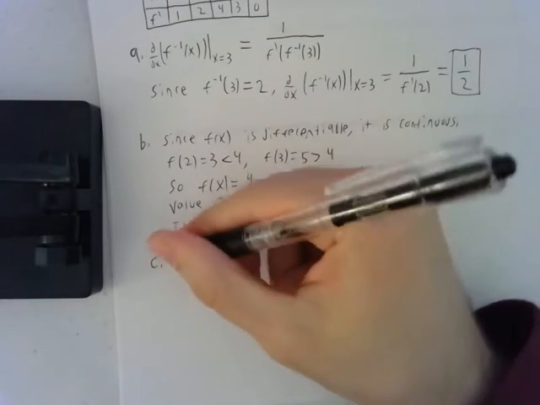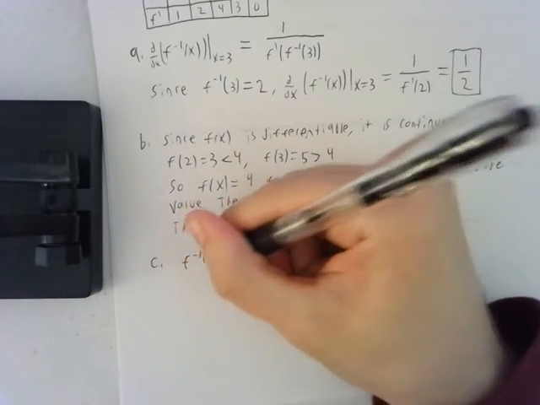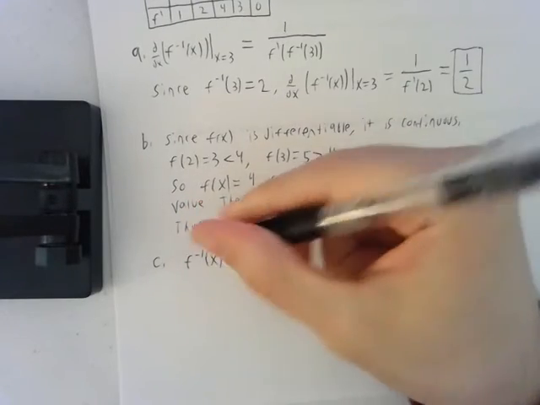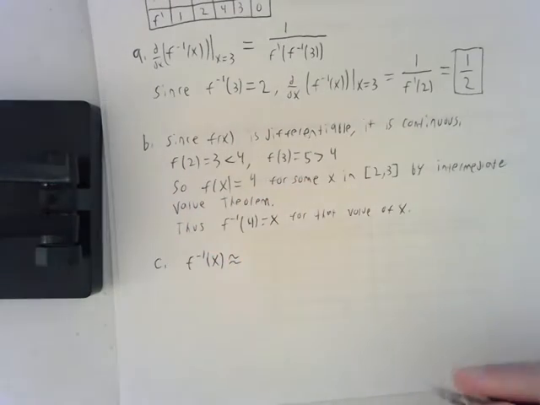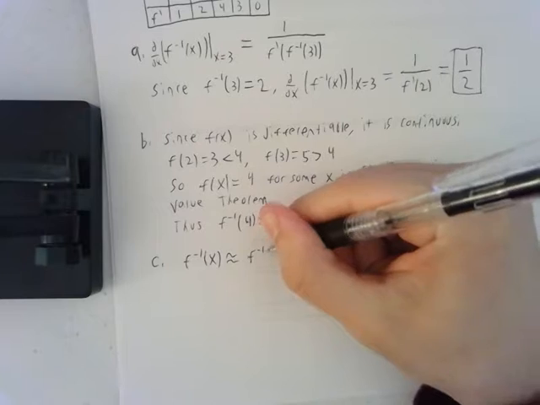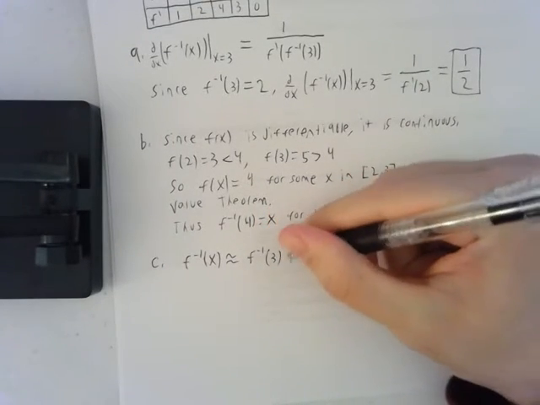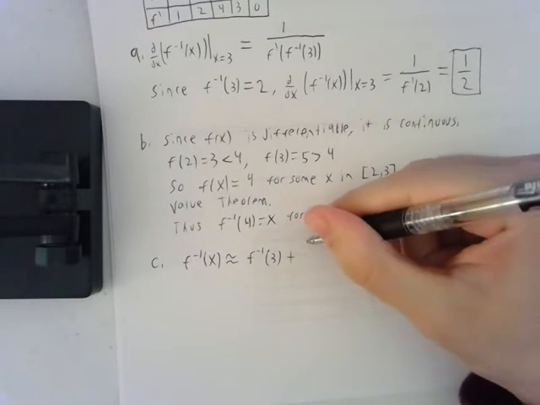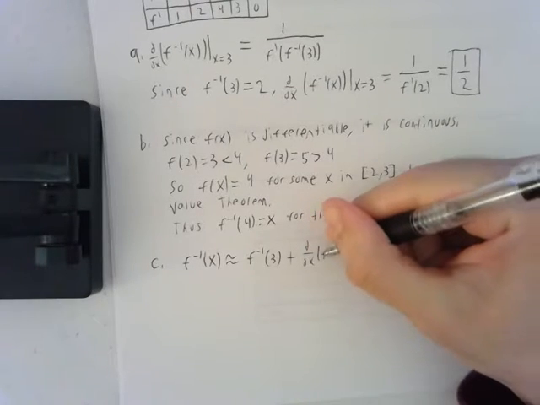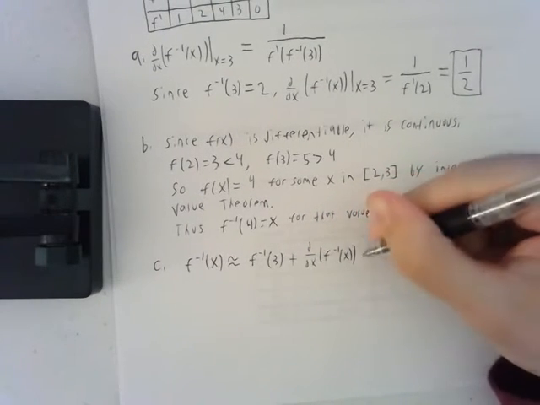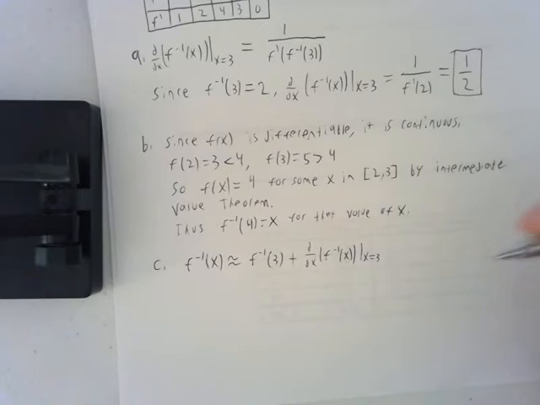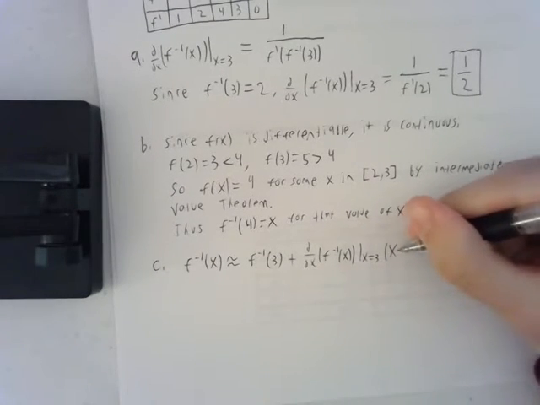So we do a linear approximation. F inverse of x is approximately equal to f inverse of 3 plus the derivative from part A evaluated at 3 times x minus 3.